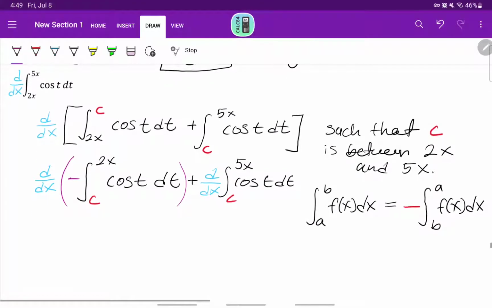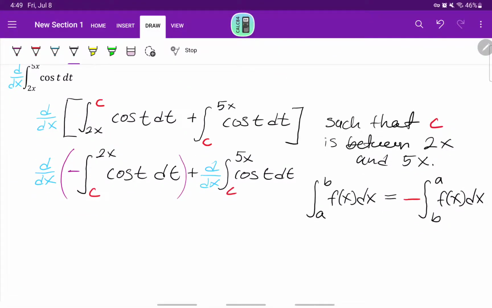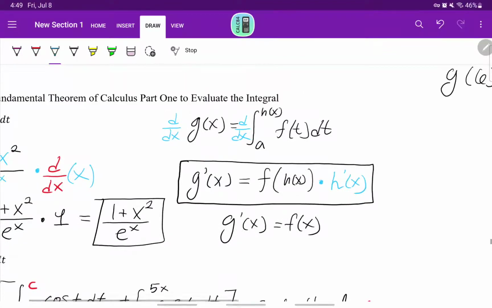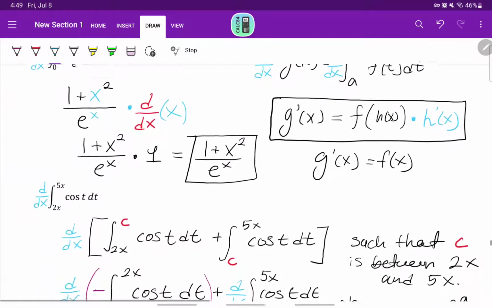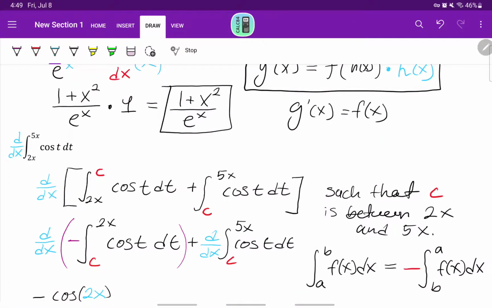And now we can follow the format. So that's going to be negative cosine. And instead of having t, you're going to put your 2x inside here. But remember, you must then multiply by the function in the upper limit. And the upper limit is 2x.